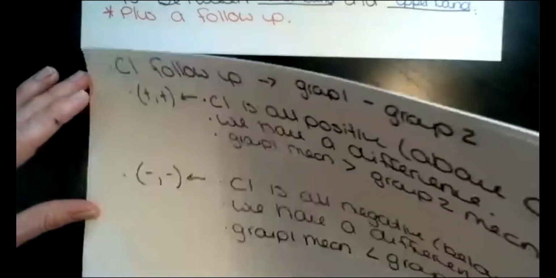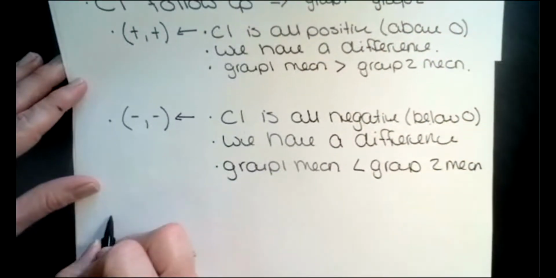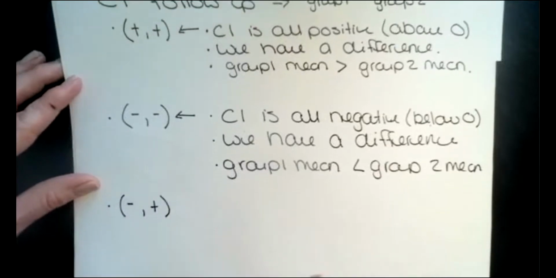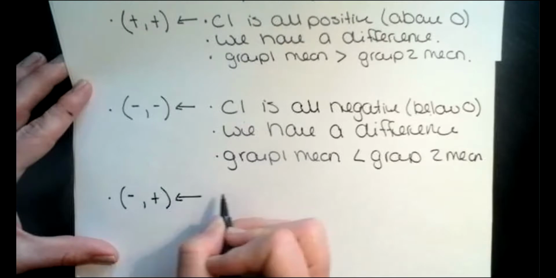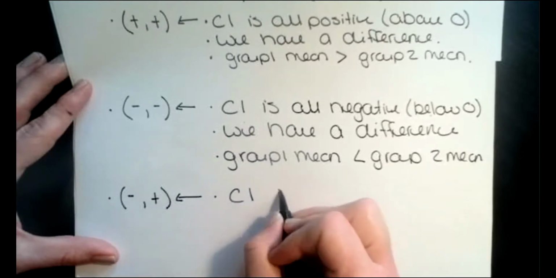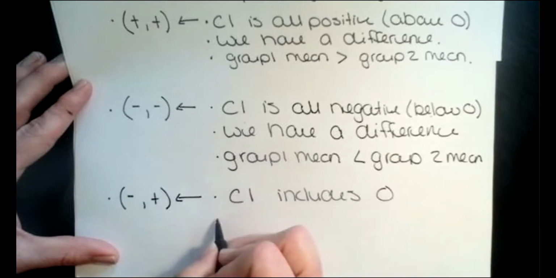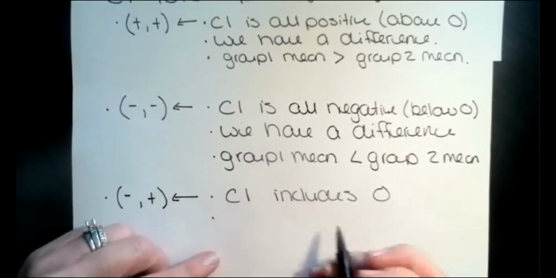Okay. And then the third option we have here is if the CI goes from negative to positive, meaning that the CI includes 0. That means we are not showing a difference.